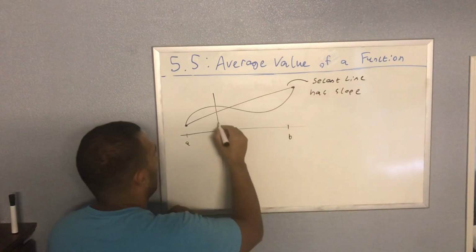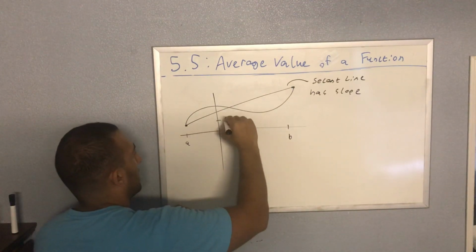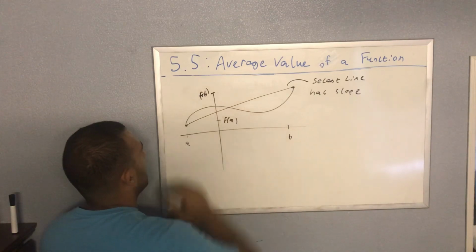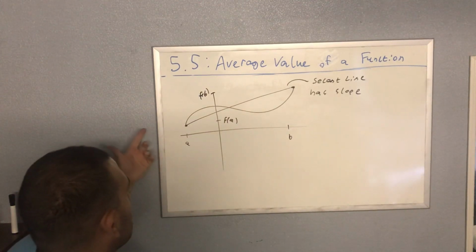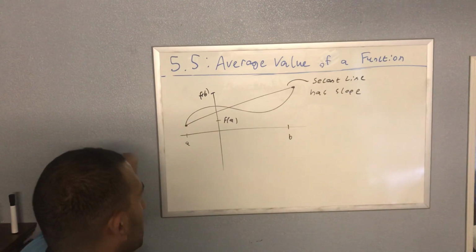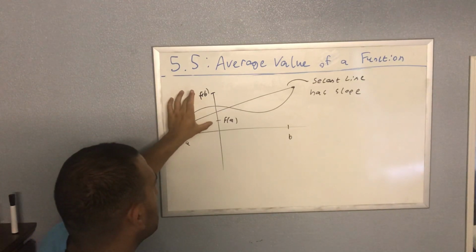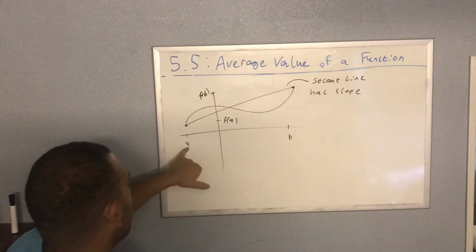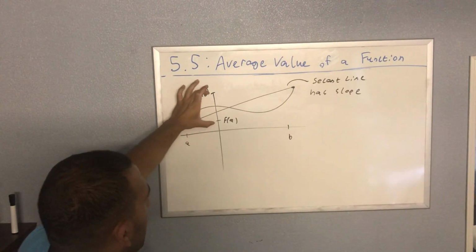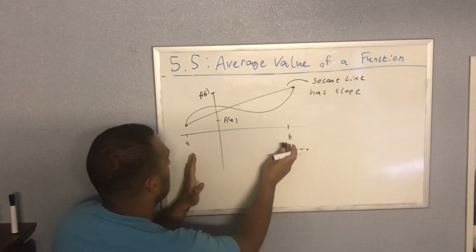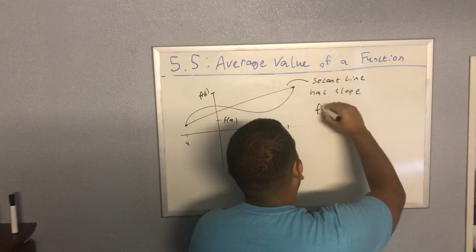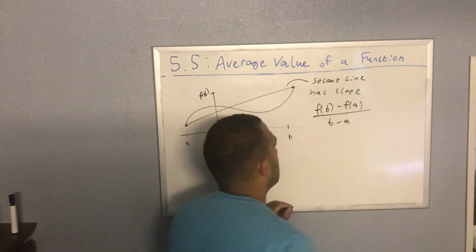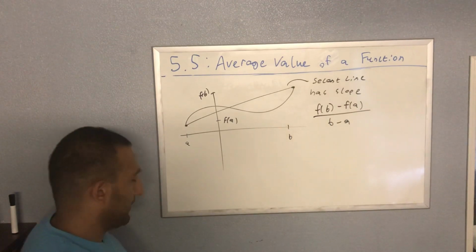Well, what is a slope? At A, your f of A units up, and at B, your f of B units up. And what is the slope of a line? It's final output minus initial output all over final input minus initial input, aka change in the y coordinates divided by the change in the x coordinates. So this line has the following slope.